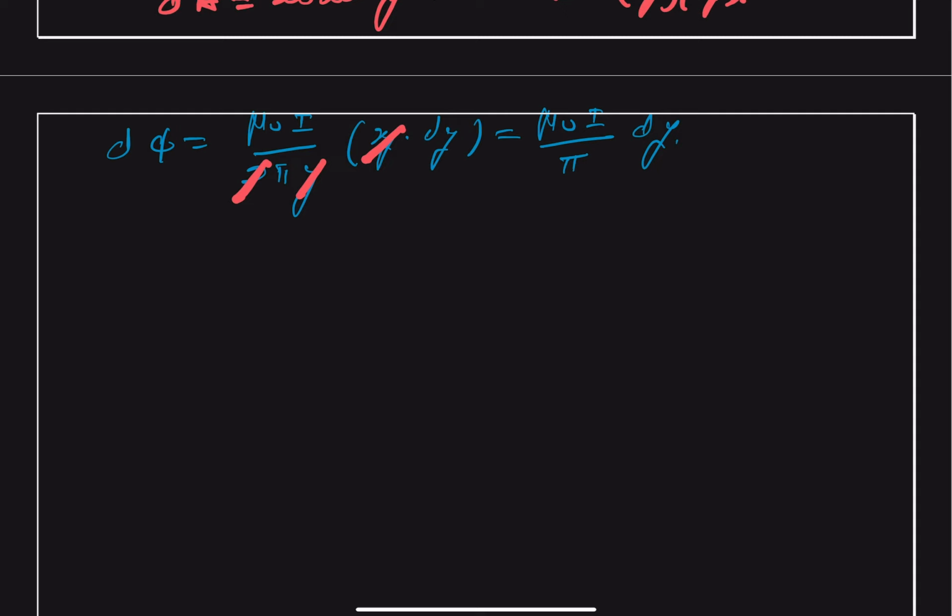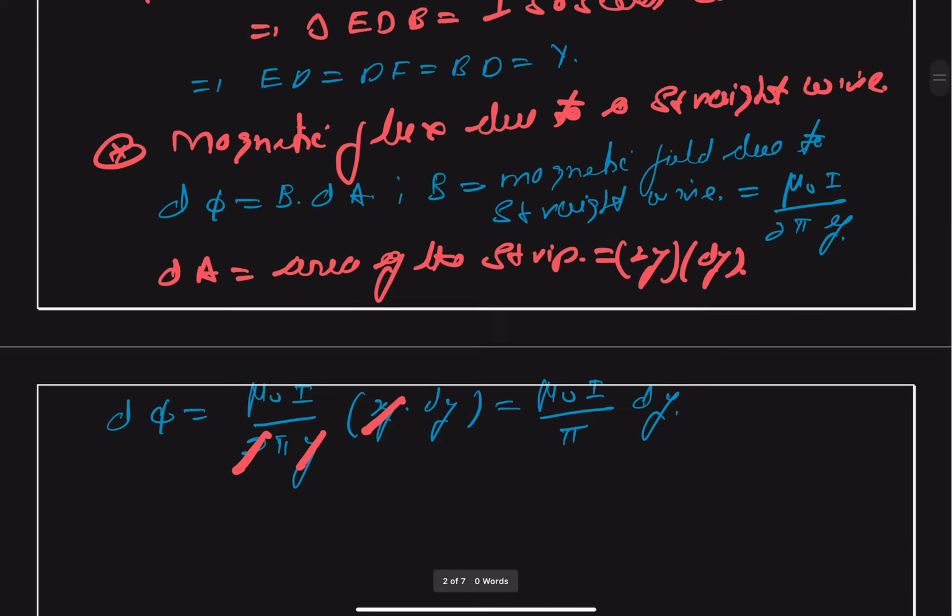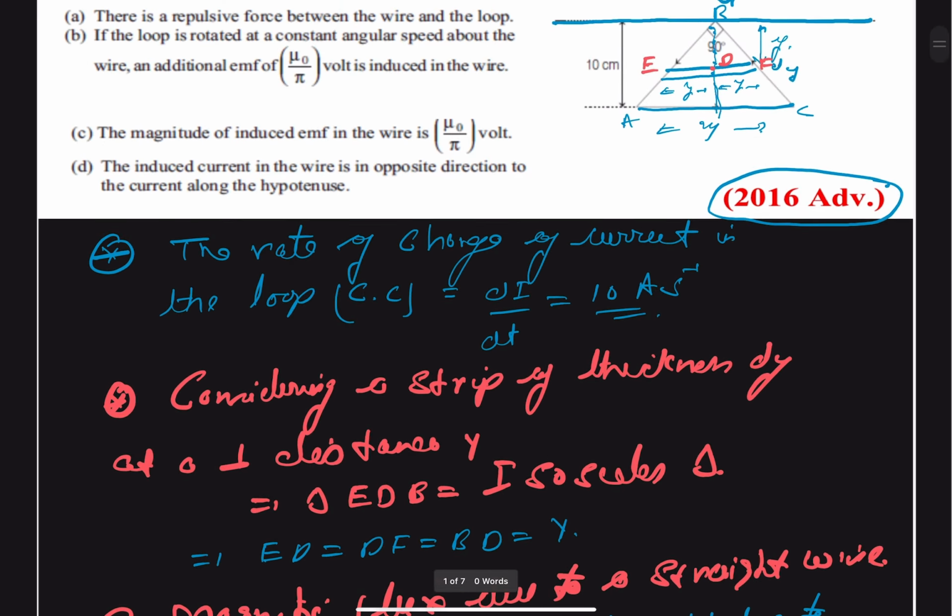Now we can consider the complete area, with the limit from 0 to 10 centimeter, which can be written as 0.1 meters.